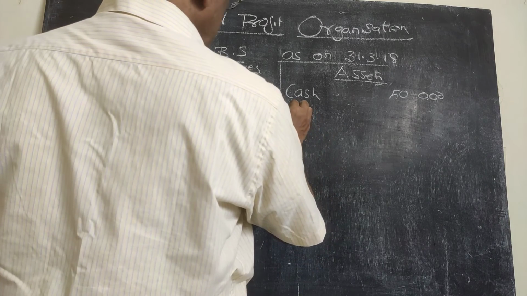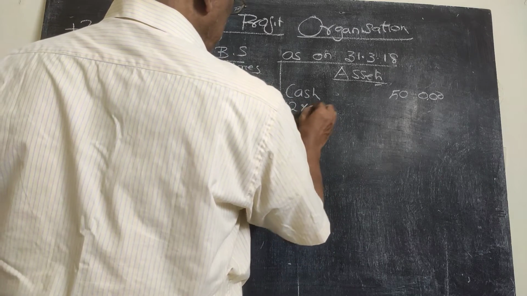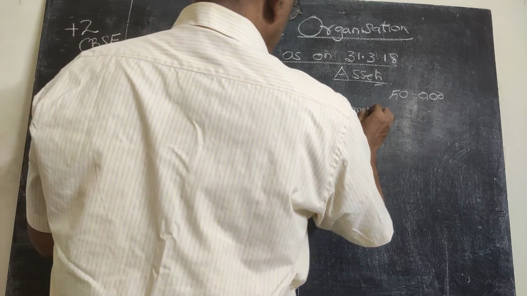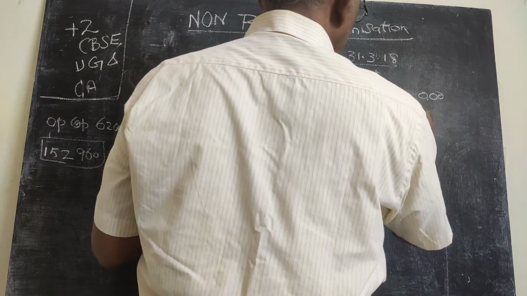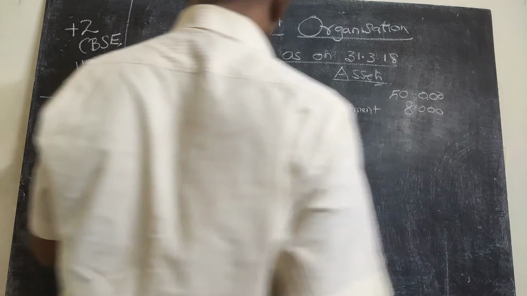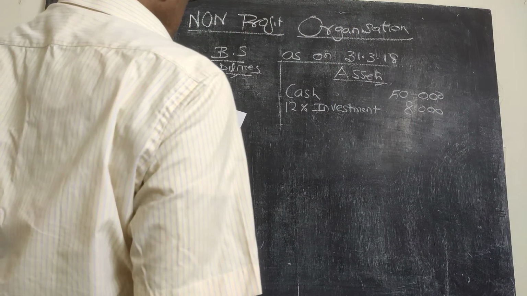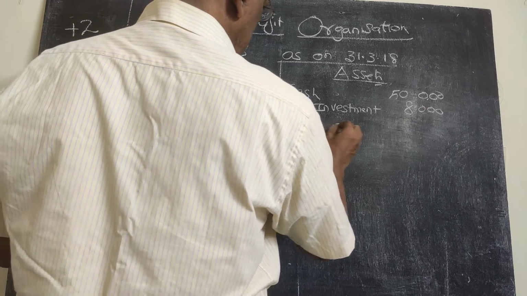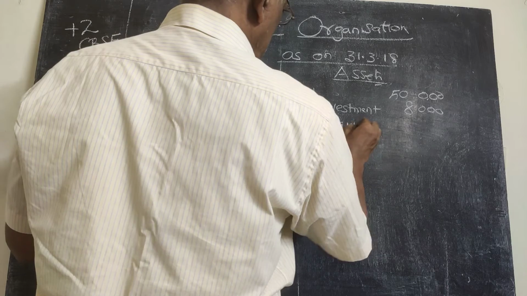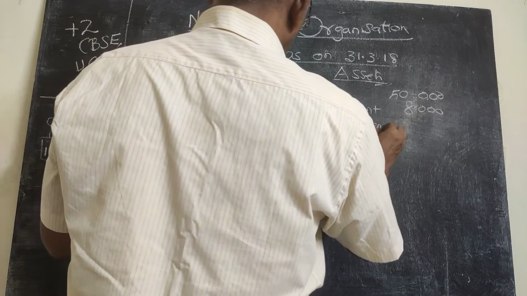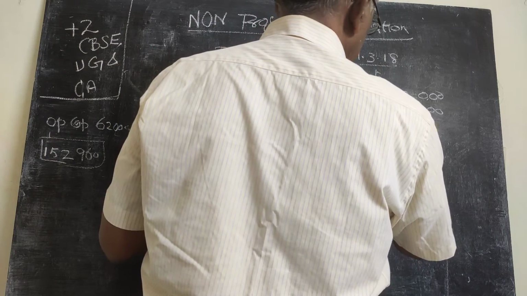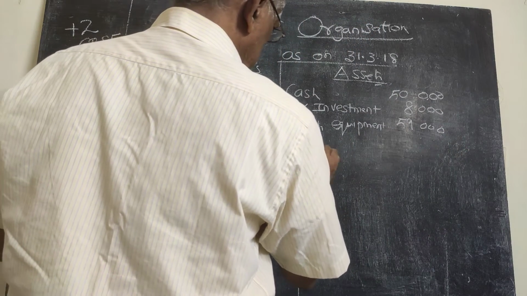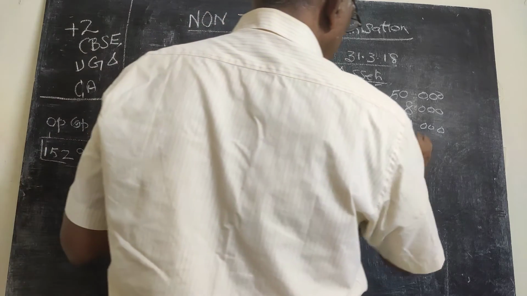And then we have made 12% investment. Investment is 8,000 rupees. Sports equipment purchased 59,000. Books 40,000.